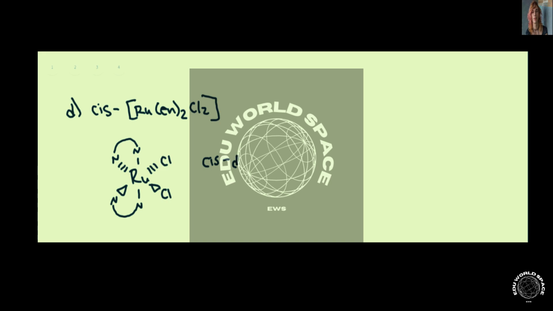There's 2 of them, so it's dichloro, and then there's 2 ethylenediamines, or En, so that's ethylene diamine, and then our metal is ruthenium, and we know that it is the +2 charge.